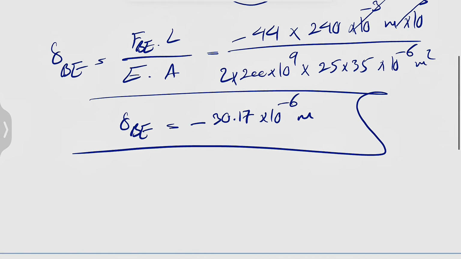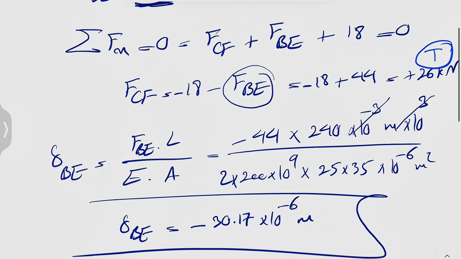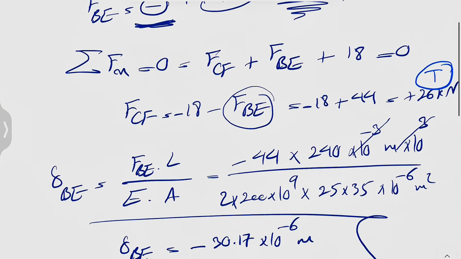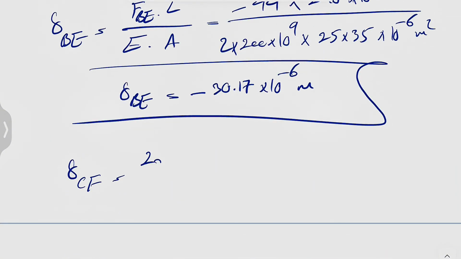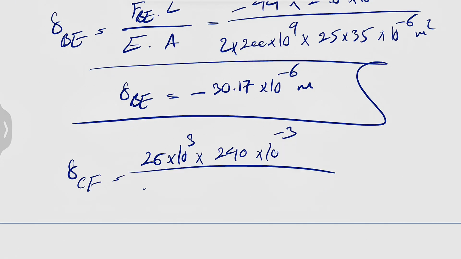And for the B part, for the member CF, we're going to have the same story. The force was 26, I believe. Yeah, 26 again times 10 to the 3 times, we have the same length, 240 times 10 to the minus 3, and we're going to have 200 for elastic modulus.